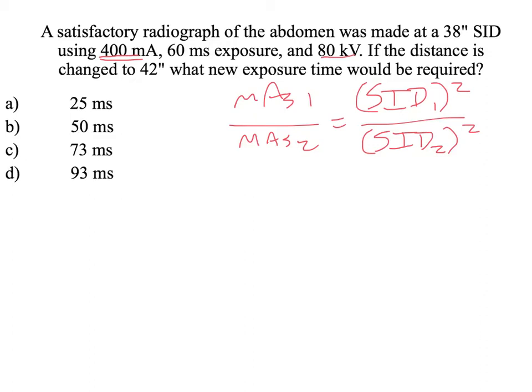So I can skip computing mass and just think about the milliseconds. I'm just going to say 60 milliseconds over X equals the initial SID, 38 squared, over 42 squared. Is everyone clear on why I skipped that step? Because I would just be making extra work for myself. 42 squared is some huge number. It's like 117.